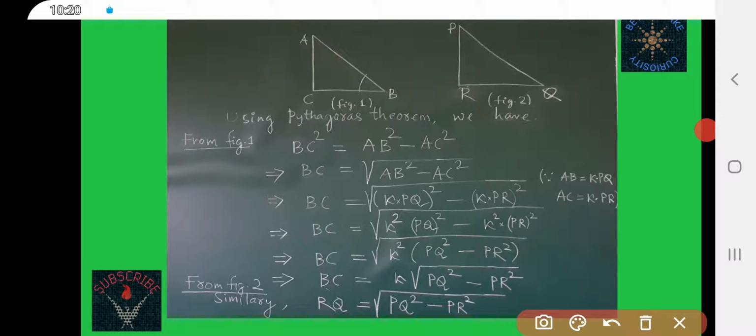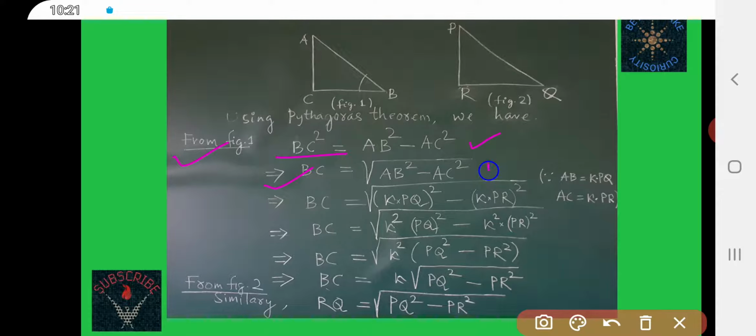See, in right angle triangle ABC and in right angle triangle PQR, now we use Pythagoras theorem and we get what? From figure 1, that is the right angle triangle ABC, using Pythagoras theorem, BC square is equal to AB square minus AC square, and BC is equal to square root of AB square minus AC square.